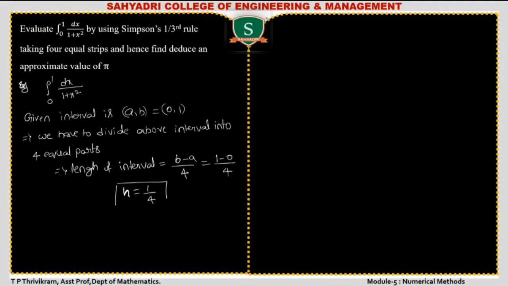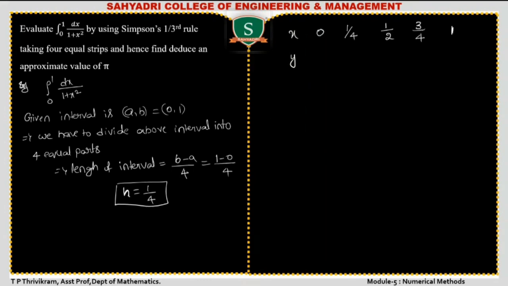Now divide this into equal intervals. X values: start with 0, add 1 by 4, then 1 by 4 plus 1 by 4 is 2 by 4, which is 1 by 2. Next 3 by 4, and 3 by 4 plus 1 by 4 is 1.